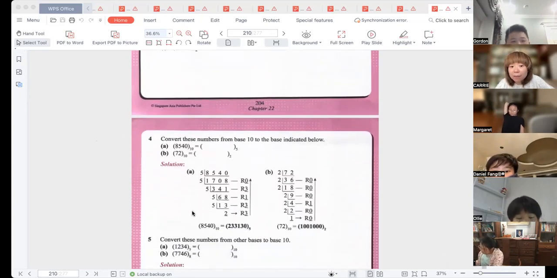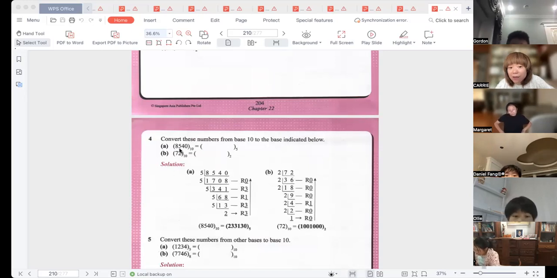Okay, so let's take a look at this one. If we reverse back, how to convert the number from base 10 to the base indicated below. So I have 8,540, 老师财迷啊. 8,540 number, but it's base 10. I want to convert it into base 5. How do I do it? I divide each number by 5 and write down the remainder. 看到了吗?